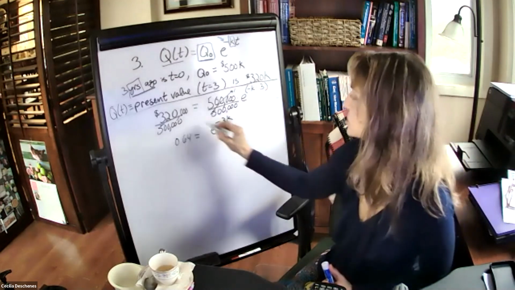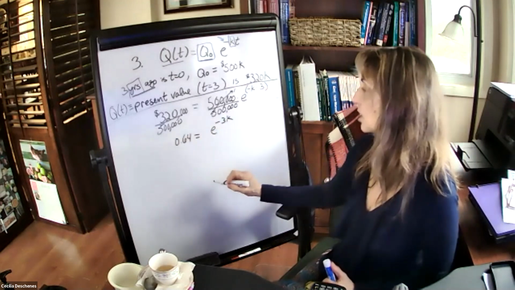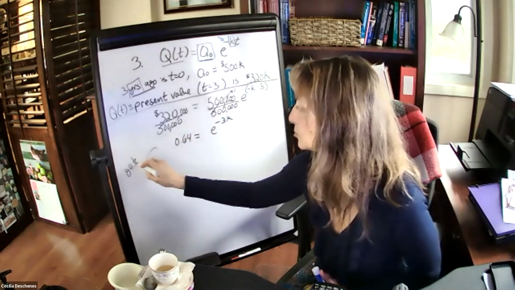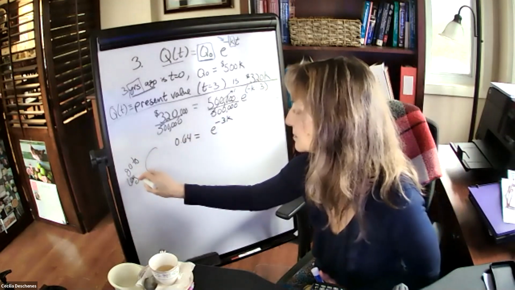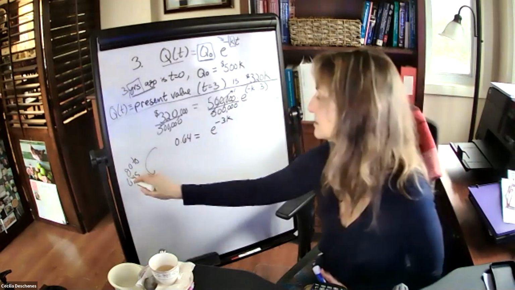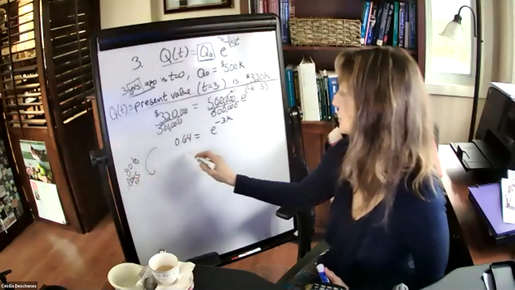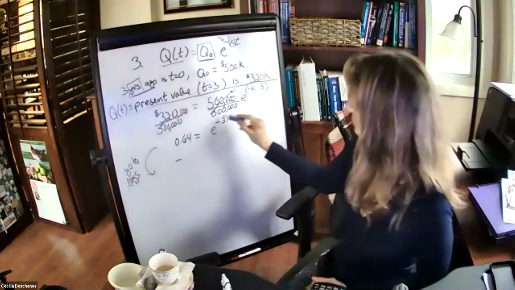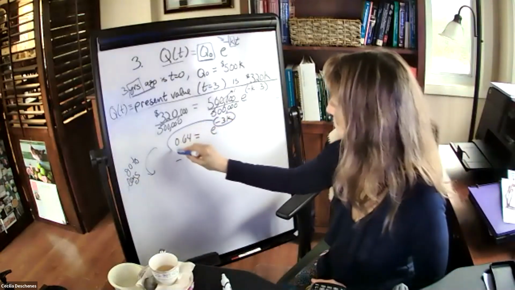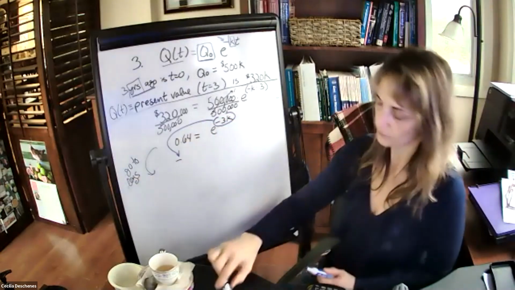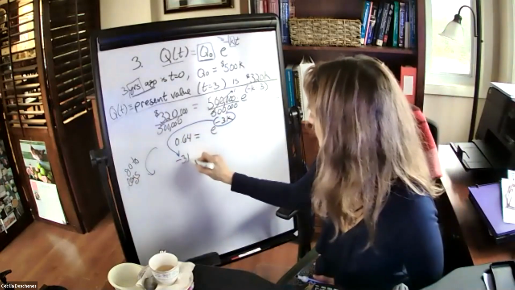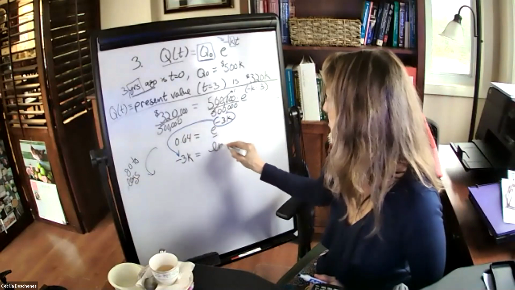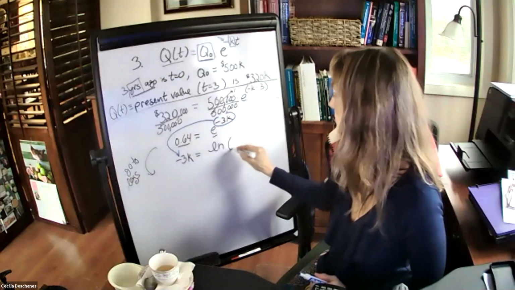Okay, so now we can just convert it over to the log world. So we're going to convert to logs. All right, so we're going to take the exponent, minus 3k, and it's going to equal the log base e, which is the natural log, of the value.